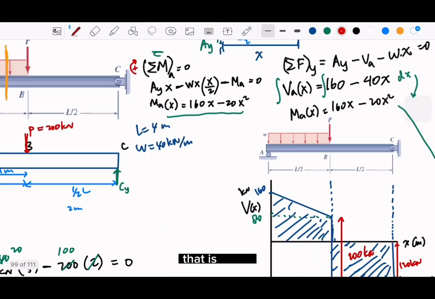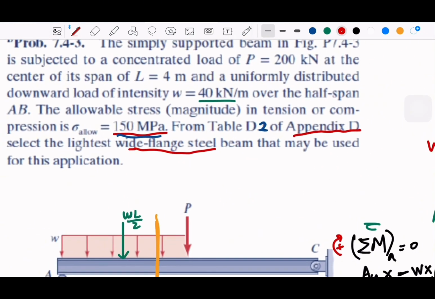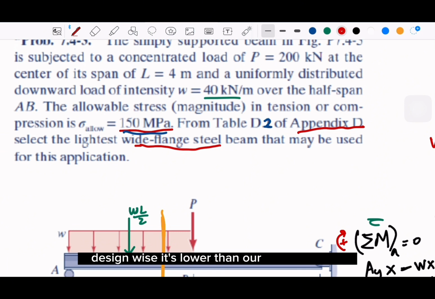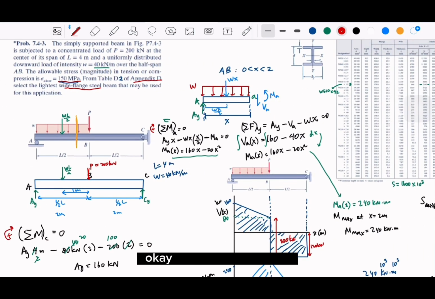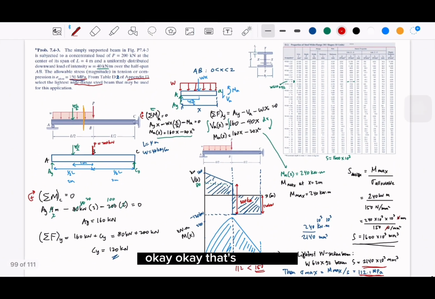That is, in our design, it's lower than our allowable stress. So the design is I think quite good. Okay, that's number 743. I hope all the information is helpful for your preparations.